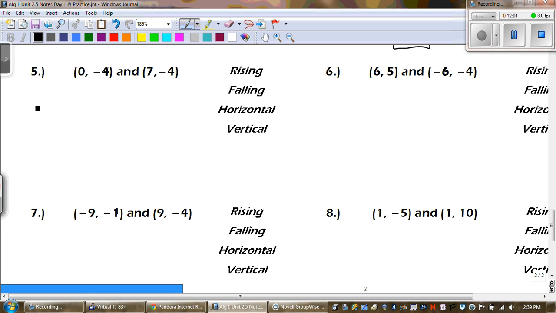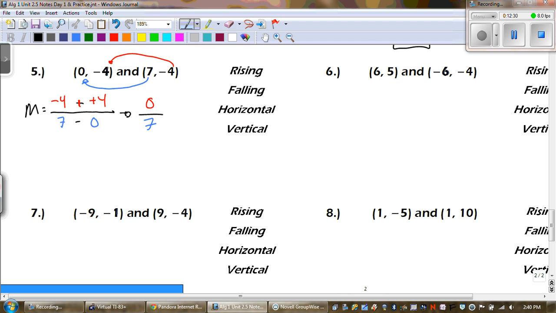And go ahead, let's set it up. Always put your subtraction signs in. So -4 and -4. 7 and 0. So we got -4 plus 4 gives me 0. 7 minus 0 is 7.